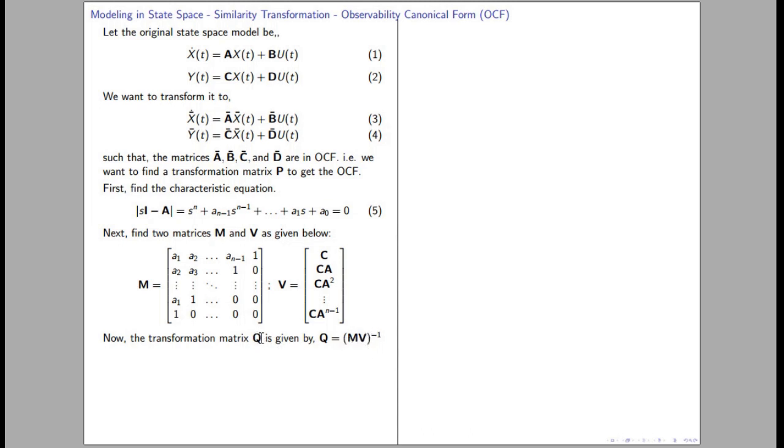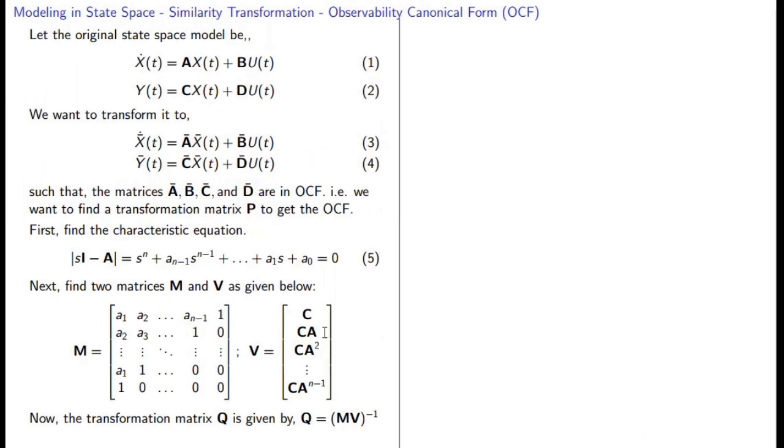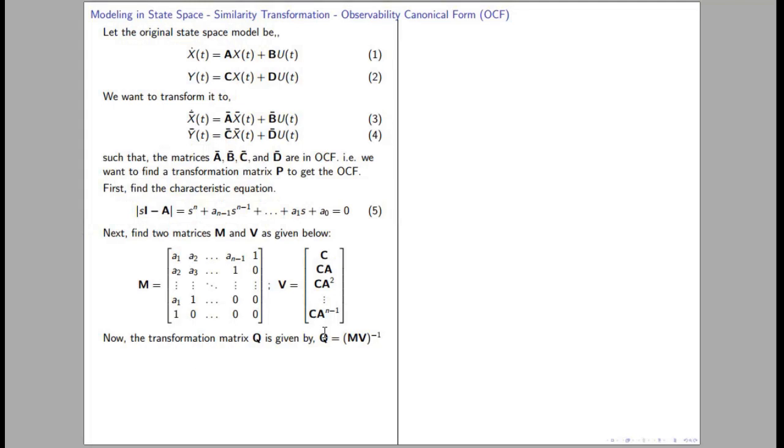The Q is nothing but the same kind of transformation as the transformation matrix P we used previously. Just to distinguish, I have used this term Q. The transformation for controllability canonical form I take as P, and for observability canonical form I take as Q. So Q is found using the matrices M and V, that is the inverse of MV.